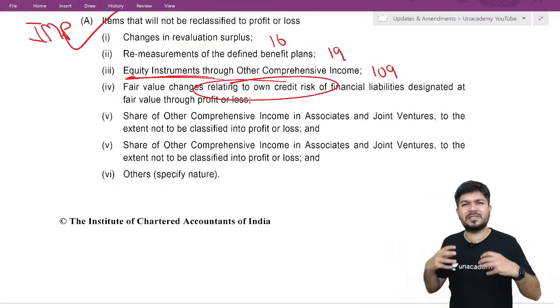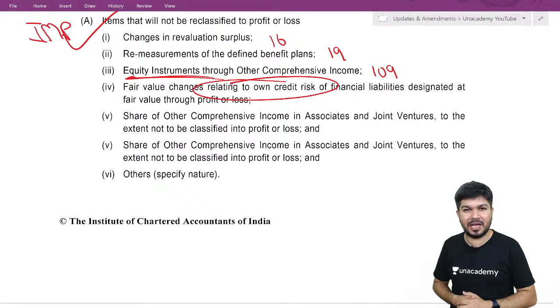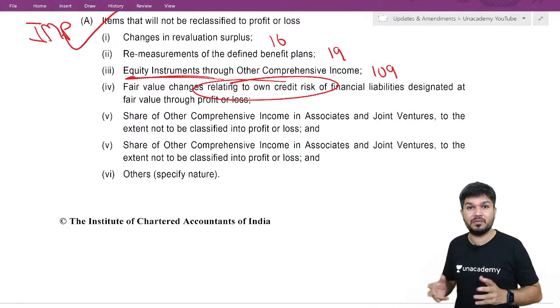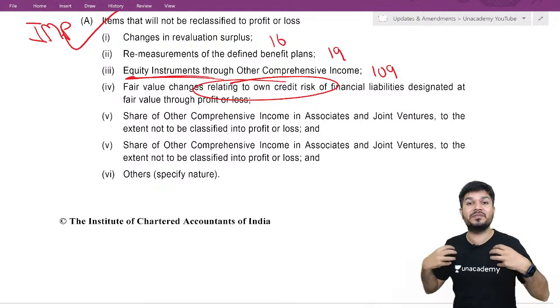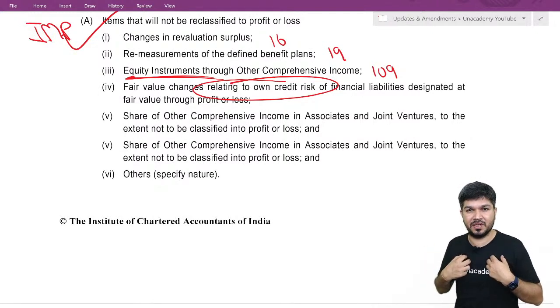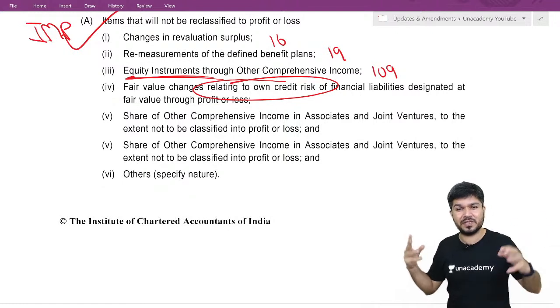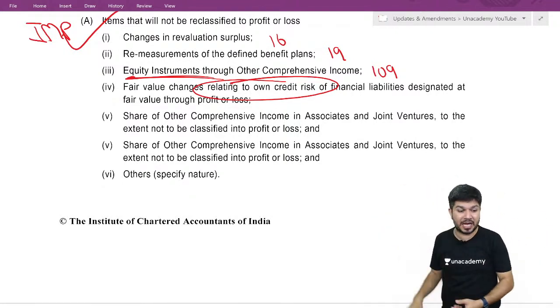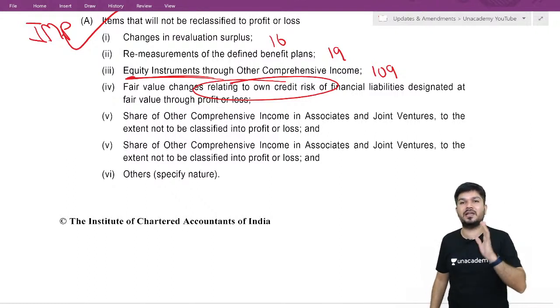Next, if at all I have an associate or a JV, we follow the equity method. Now, what is the equity method? Our share in post-acquisition profit we add to our profits. Associate hai, JV hai. For CFS, we follow the equity method. Investment appears as investment, but our share in post-acquisition profits we are adding. Now, pay attention.